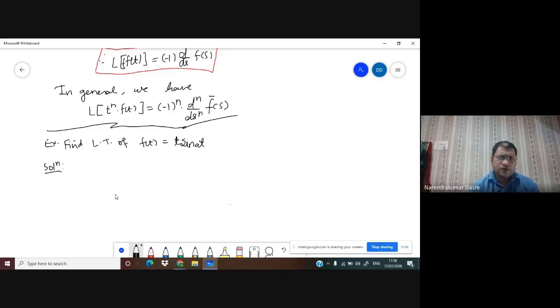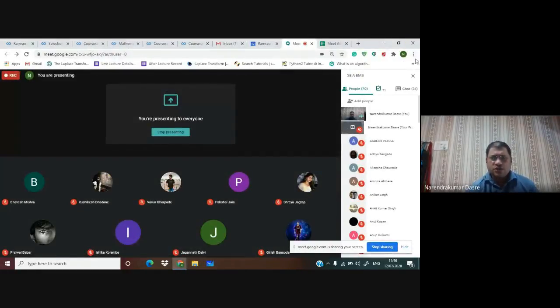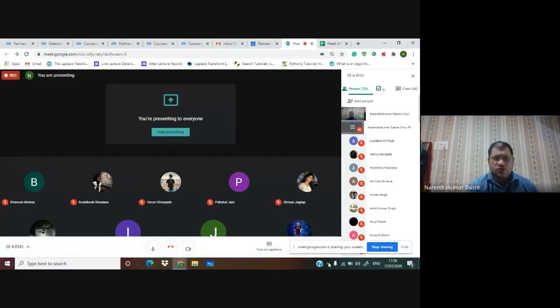Always start your solution by writing what is given to you. So let f of t is equal to t into sine of at. Now we need to understand what are the steps. We have to find the Laplace transform from right to left. So first we have to find the Laplace transform of this sine term, and then we have to use the property multiplication by t. These are the two steps that we have to follow.